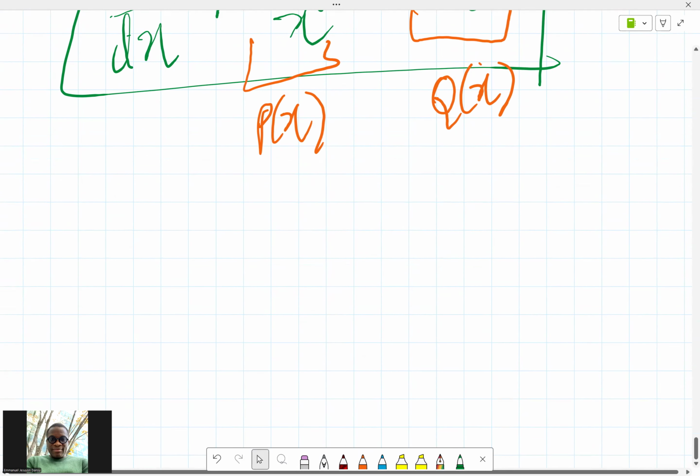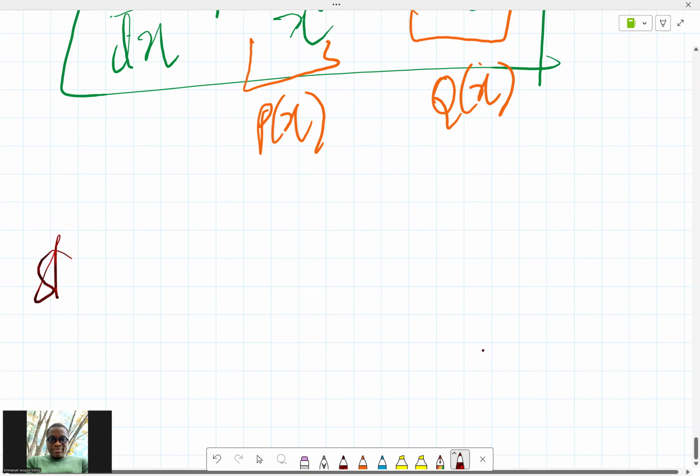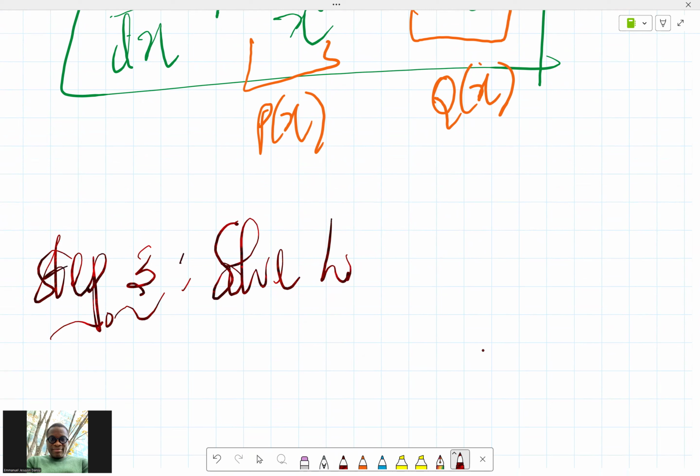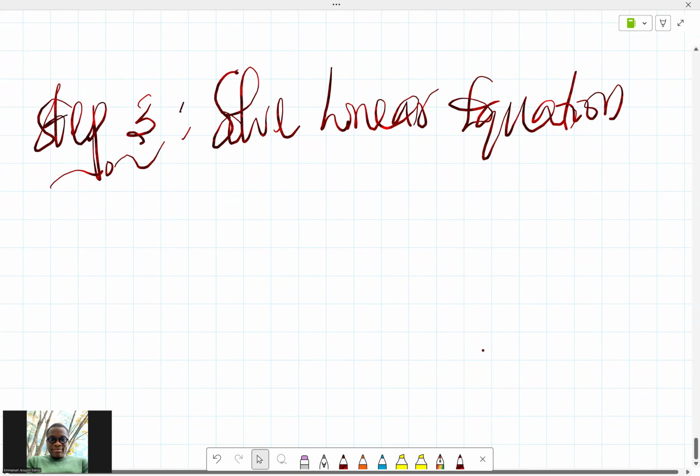So we go for the next step we need to do right here. We go for step 3. So in step 3 now, we solve the linear equation. So we have identified all the parts, right? So we need to get the integrating factor.